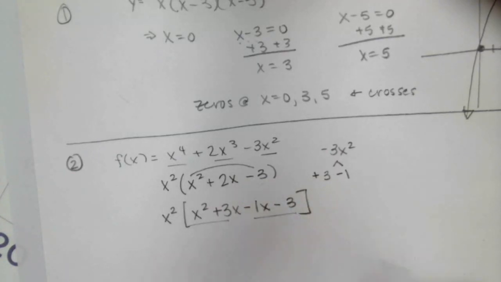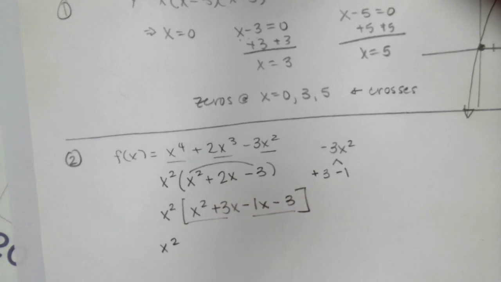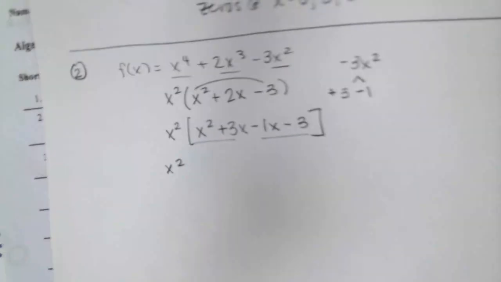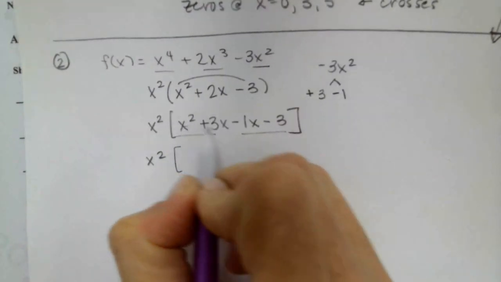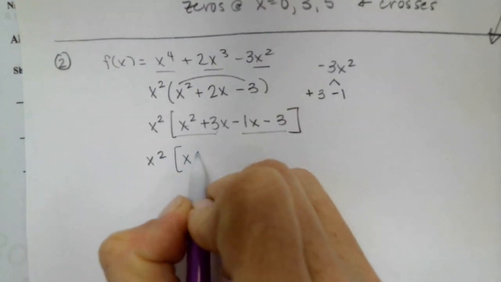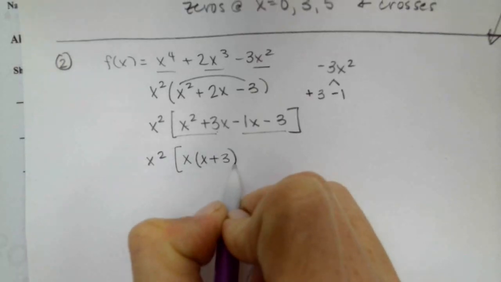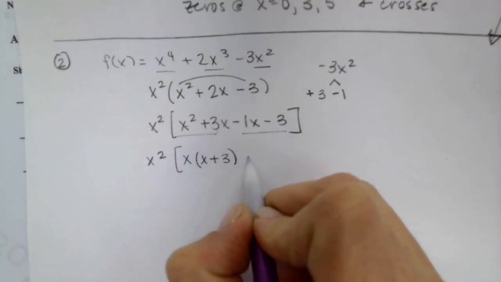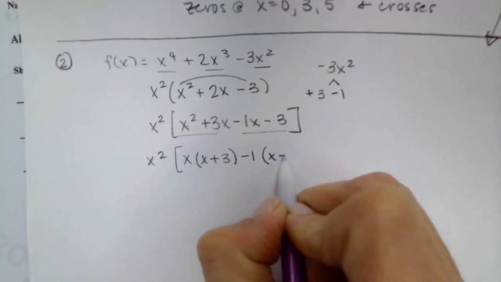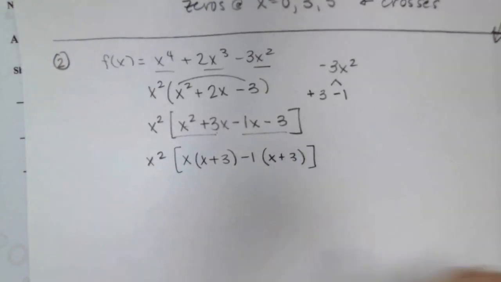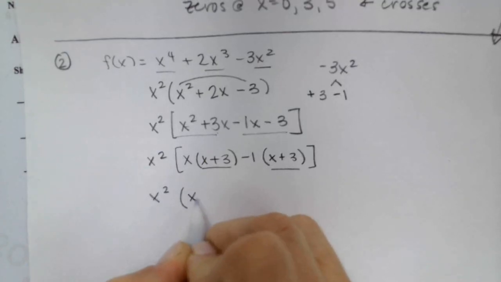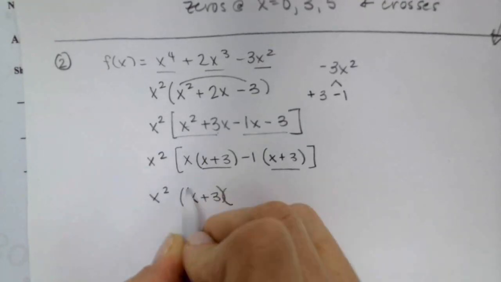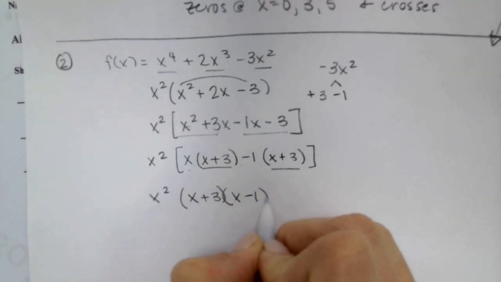Then we look at the first two and the last two. So you have x squared. I apologize for not paying attention to the screen. And then we have x squared and 3x have x in common, which gives me x plus 3. Negative x and negative 3 have negative 1 in common, giving me x plus 3. These are the same. So we have x squared times x plus 3 times x minus 1.